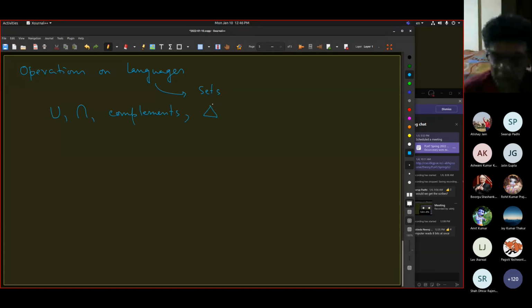These are all applicable to languages. All the things that you can do with sets, you can also do with languages. So all set operations are allowed on languages.